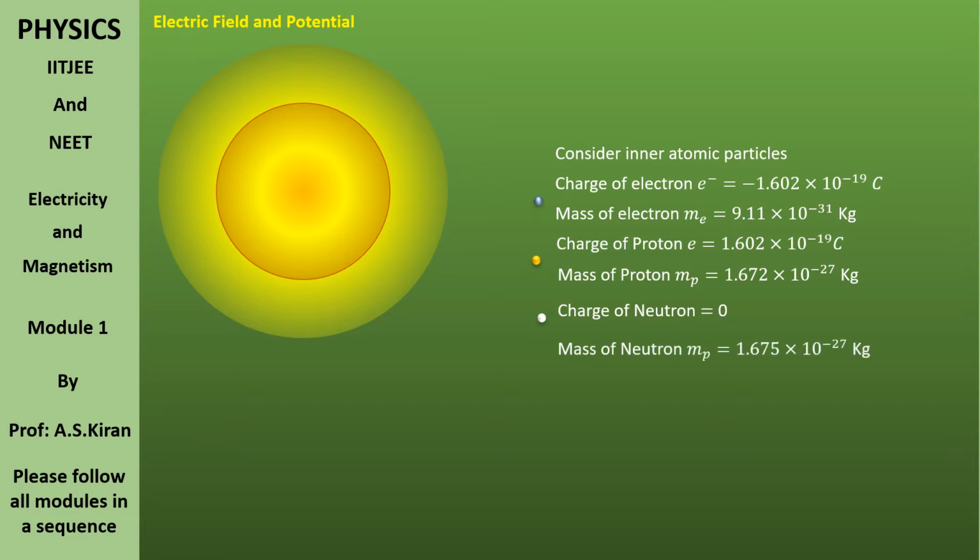Mass of neutron is 1.675 into 10 power minus 27 kgs. Please remember, neutron will not have any charge. It's neutral.